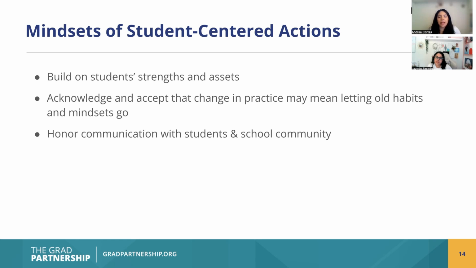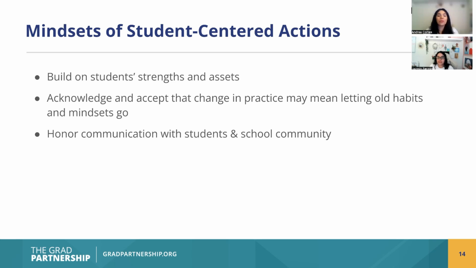The third mindset that we want to talk about today is honoring communication with students and the school community. In the past, our communication with students and school community has sometimes been one way. We reach out to parents, families, and communities when we need some information from them, or when we bring them into our school buildings, it's to give them information.